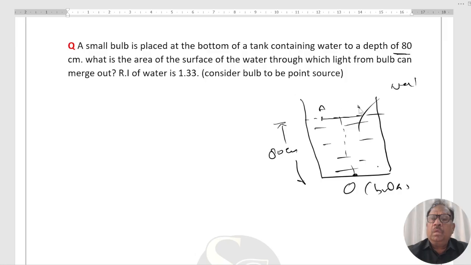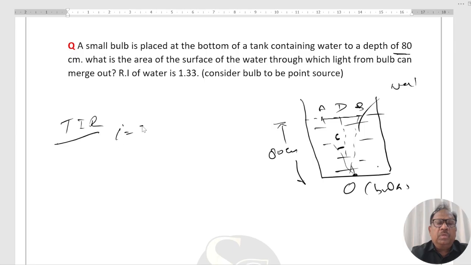This is A, this is B, this is D, this is O. If we make this, this angle should be equal to C. TIR is applicable when I equals C or I is greater than C, going from denser to rarer.